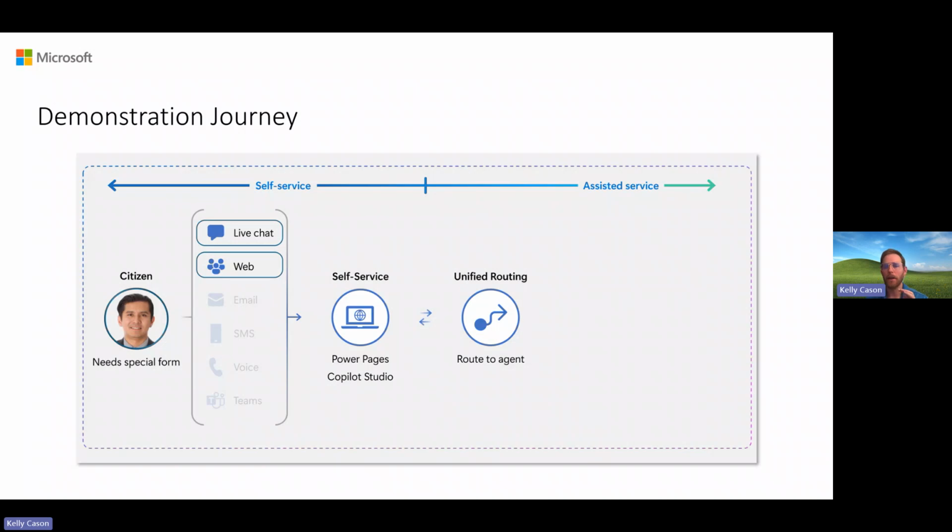What is this person reaching out about? On the back end, through unified routing and some different Dynamics capabilities, we'll show you how you can classify these records and ensure that they are created and routed to the appropriate queue and assigned to agents and employees who have the capacity and the skill set to work on these different records.